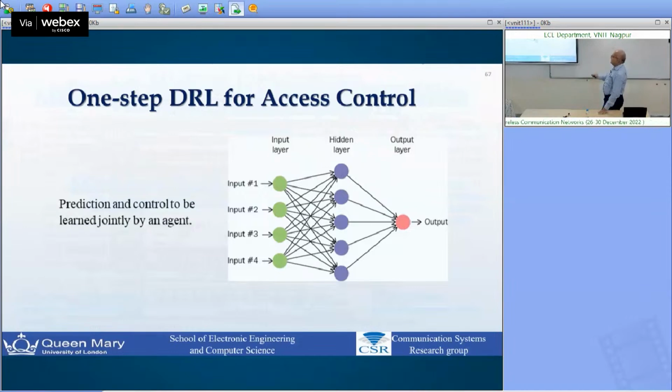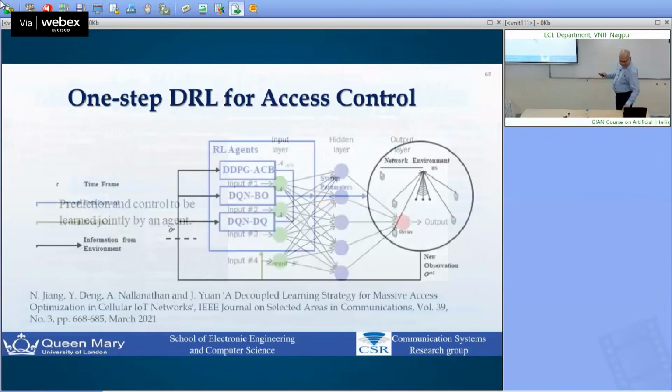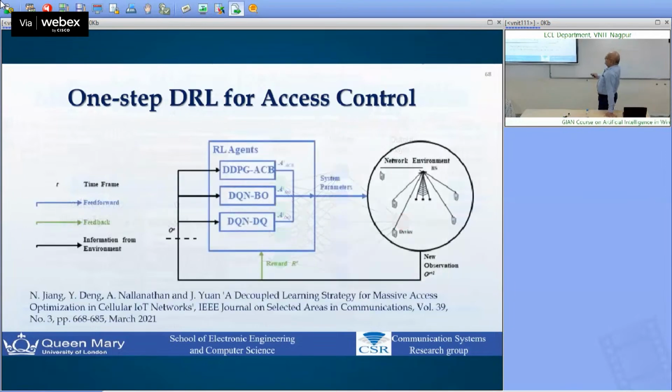We can use deep Q-learning for reinforcement learning and do this one-step control. This is easy because you are going to have only one agent. But the problem here is that there are different types of reinforcement learning algorithms in the literature.